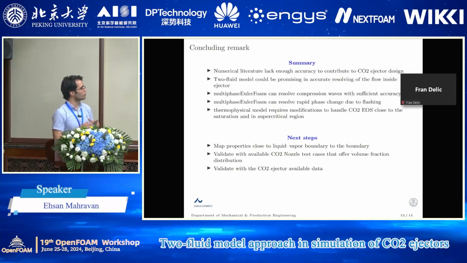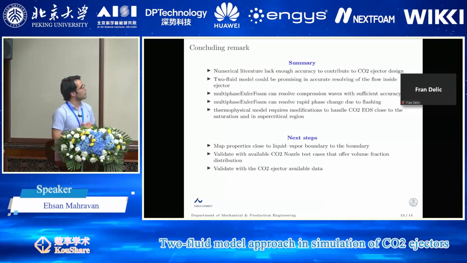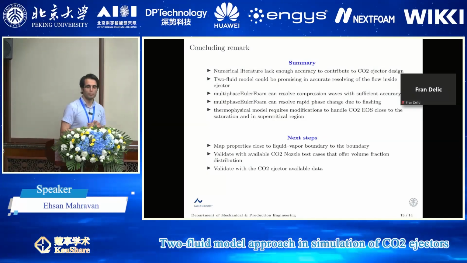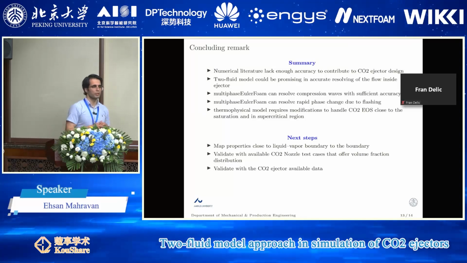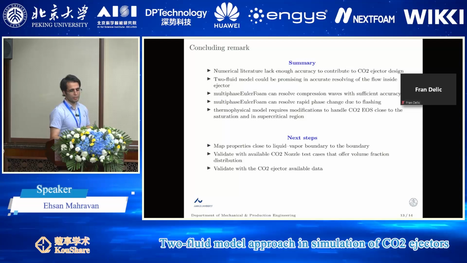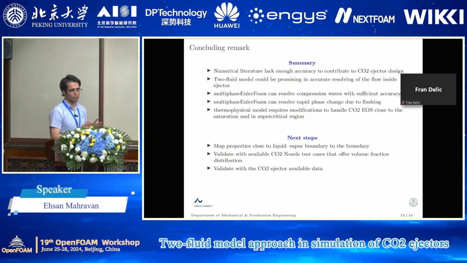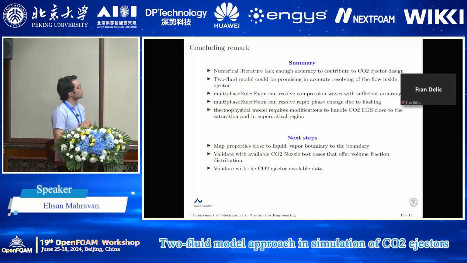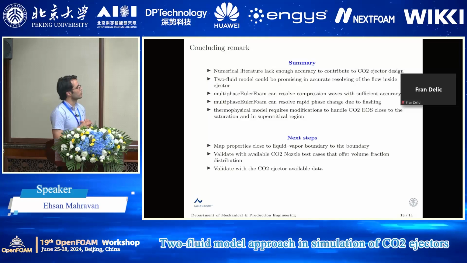In OpenFOAM it is a huge solver, with many models and many submodels, and it's very delicate dealing with it. So even though it gives us a lot of leverage, at the same time it's a bit dangerous and it can deviate. For multiphaseEulerFoam, we checked that it can handle the compression waves to the accuracy that we need, and it can handle phase change due to flashing.